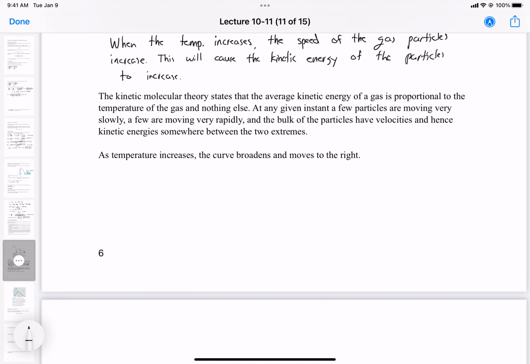Two things can have different masses, but at the same temperature, the molecules that make up the objects will have the same kinetic energy. So two objects at the same temperature will have the same kinetic energy. That's what we're trying to get across.